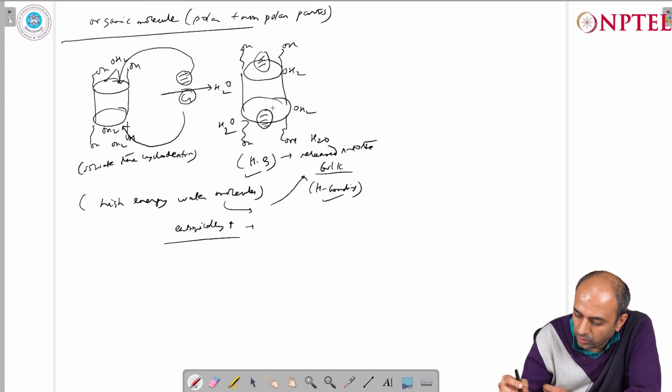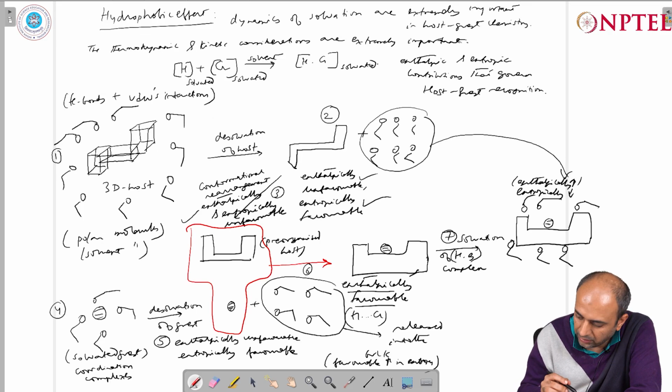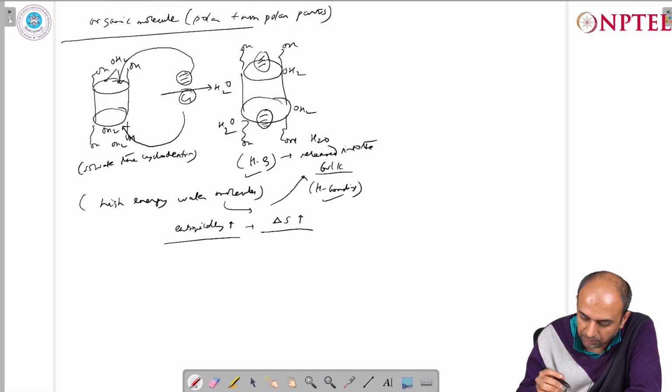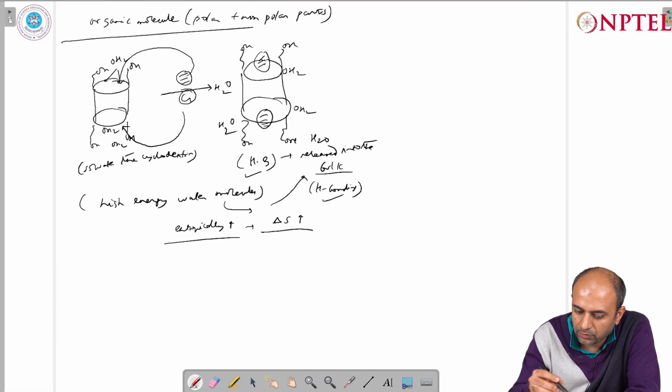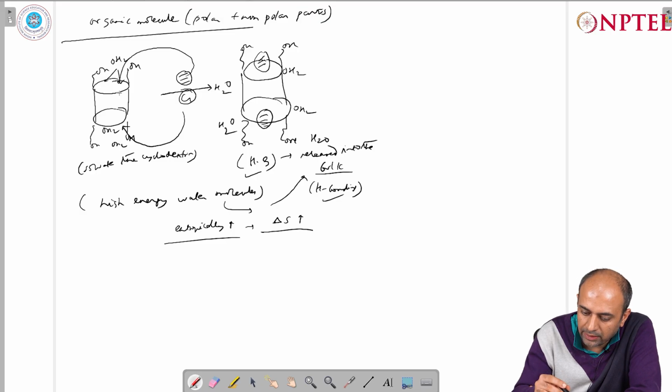When they get released into the bulk, that increases the entropy change for the process, similar to what we observed in the previous case. Here also the water molecules which were initially solvating the cyclodextrin cavity in a relatively high energy arrangement now get stabilized when they form hydrogen bonds with themselves in the bulk. And so overall this is also entropically favorable.